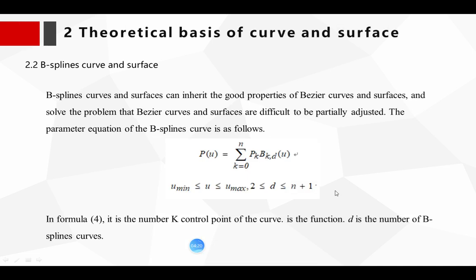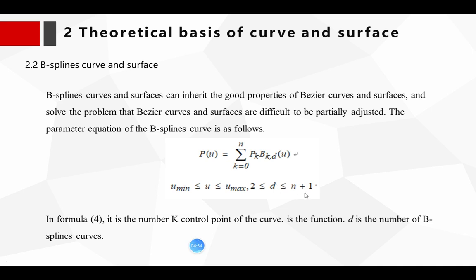Second is the B-spline curve and surface. B-spline curves and surfaces can inherit the good properties of Bezier curves and surfaces, and solve the problem that Bezier curves and surfaces are difficult to adjust partially. The parametric equation of the B-spline curve is as follows.